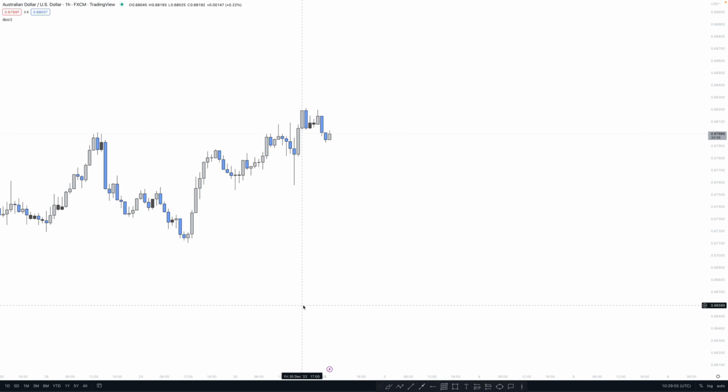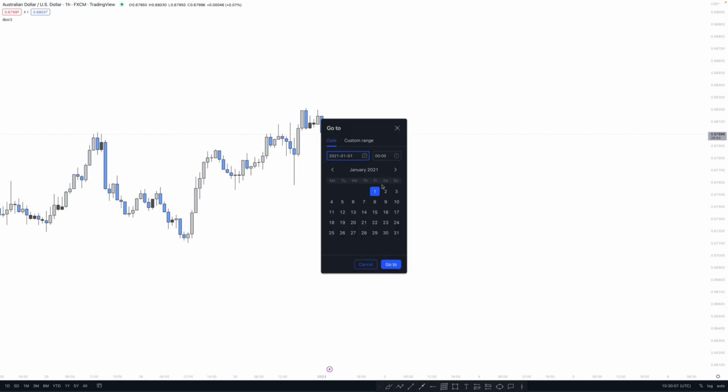So when you open the charts, let's say for AUD USD, for example, 1 hour time frame, you're gonna see that here on the left, you have this button. It's like a go to button. You click on it, and this little box is gonna pop up, and basically you can look for every month of the year that you wanna jump to and backtest.